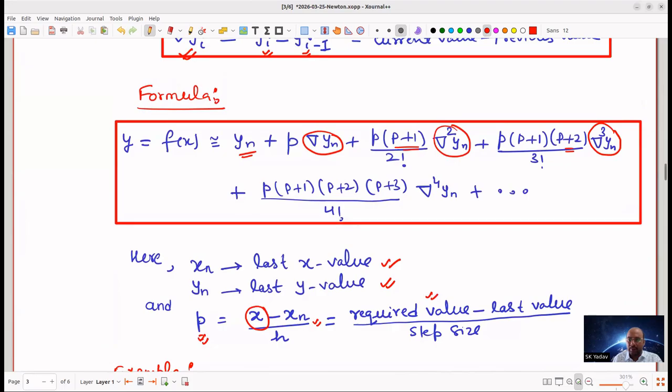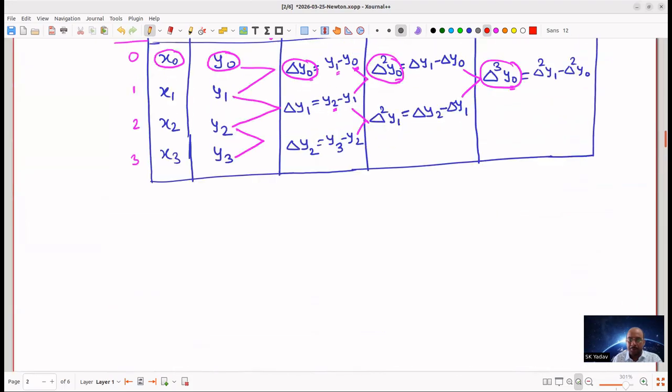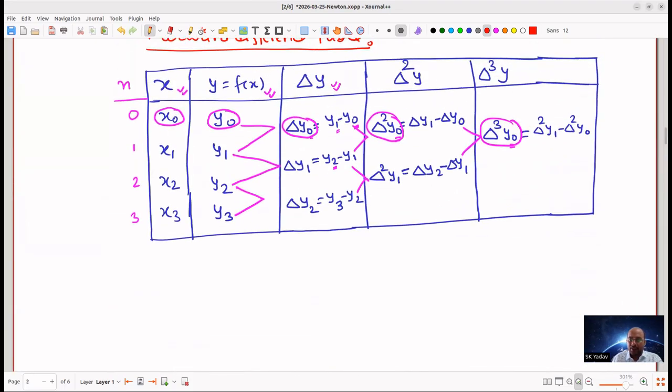And here I will go again to the table. Although we'll discuss this in the coming example, you need to understand that while using backward, this is your last x value xn, and this is your last y value yn. And if you consider here, this is the first difference that we call nabla y.